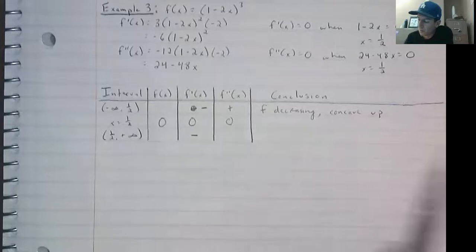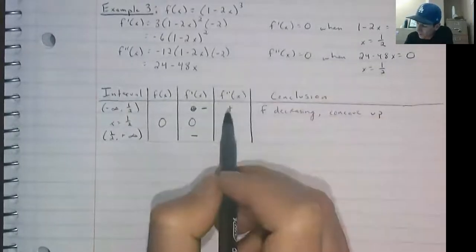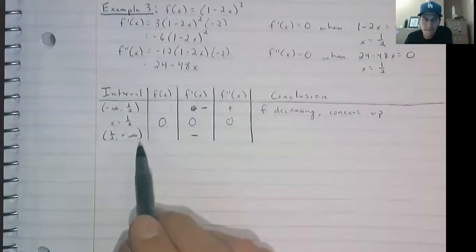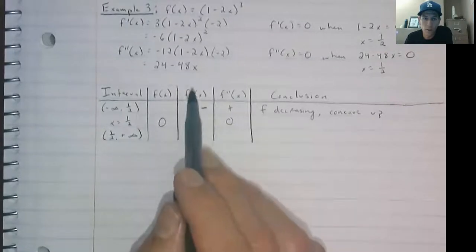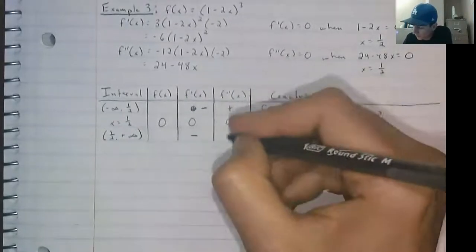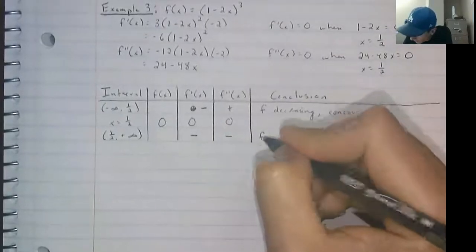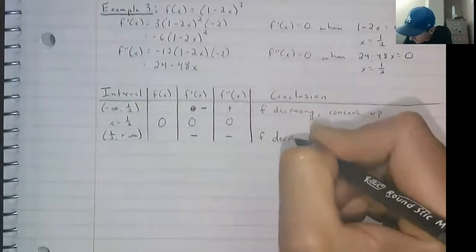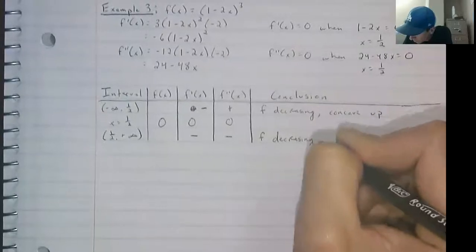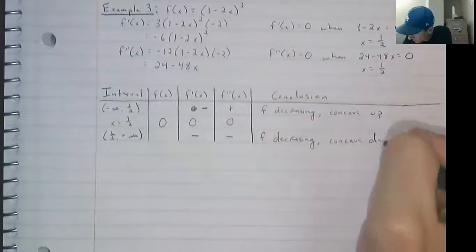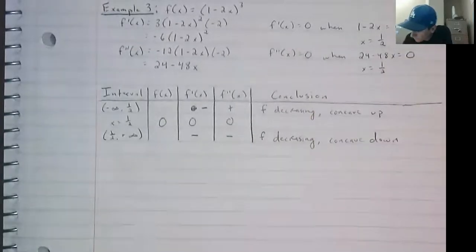Then our second derivative, when x is greater than 1/2, I don't know, plug in a 1 here, that becomes negative. And so f is still decreasing, but now it's concave down, and we have seen that change.